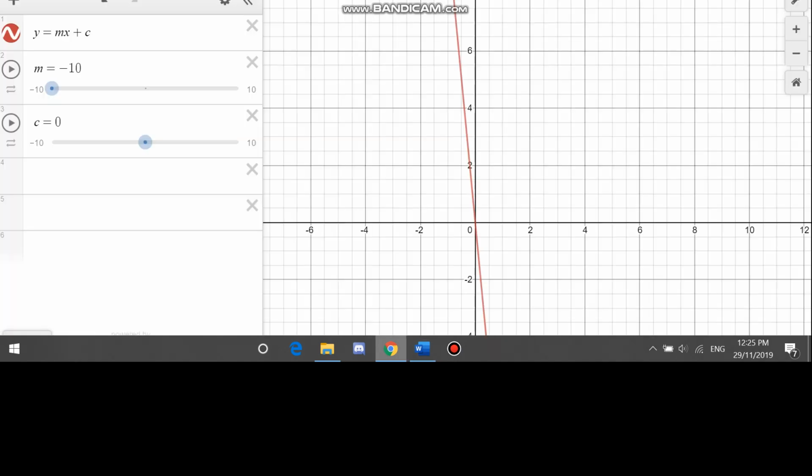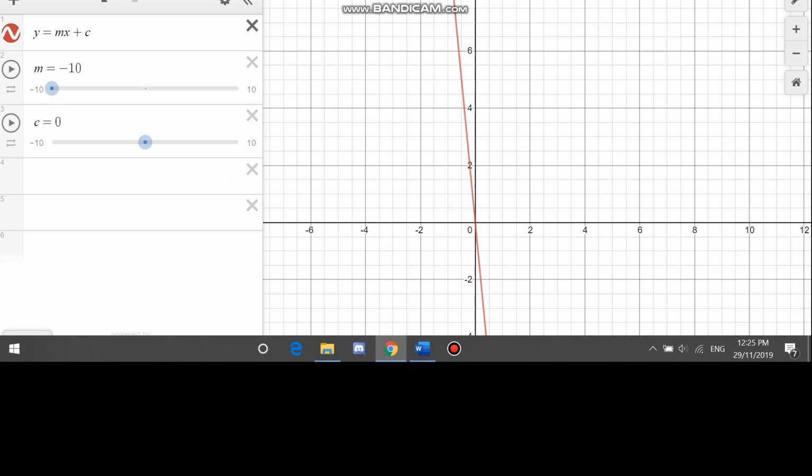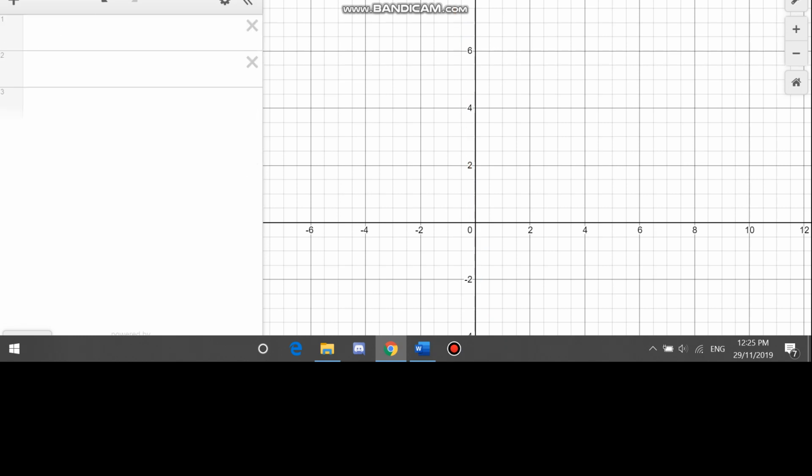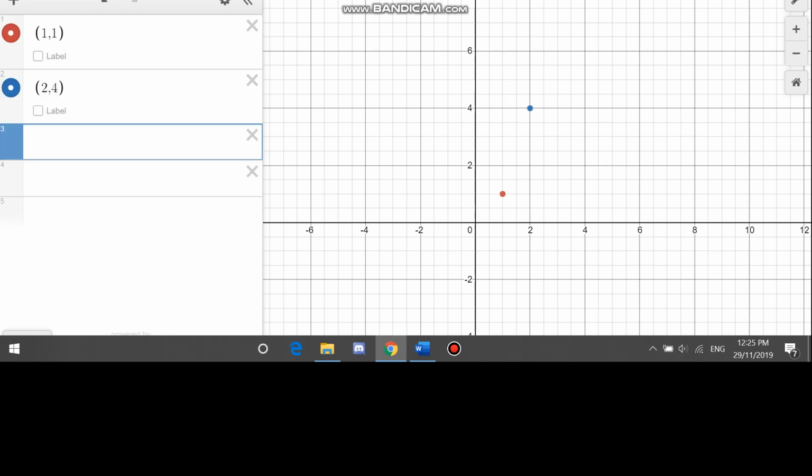Okay, so another property of functions is finding the midpoint. As the name suggests, if we get some coordinates, 1, 1 and 2, 4, let's say, there's a coordinate in between here, and you're able to find this out.